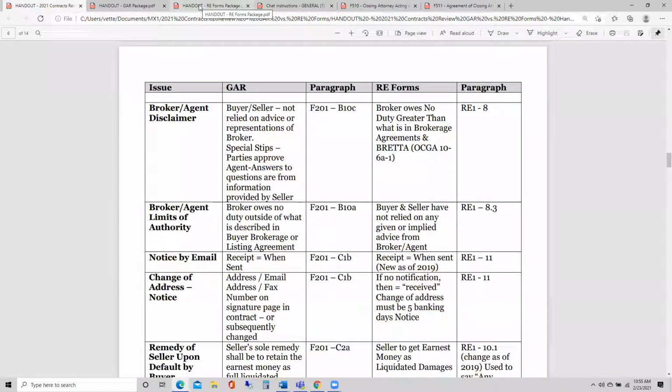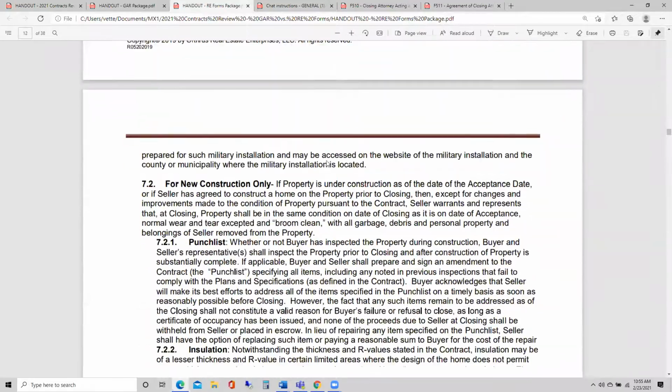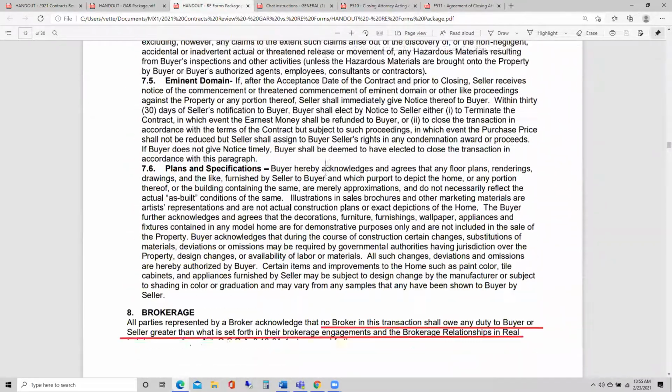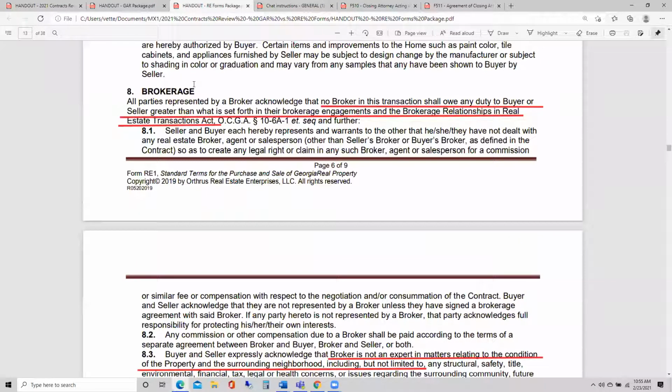In the RE Forms contract package, under the standard terms, it is also spelled out there. I'm back on the RE contract under the standard terms, paragraph 8. Again, it's under the brokerage paragraph. And it does say all parties represented by a broker acknowledge no broker in this transaction shall owe any duty to buyer or seller greater than what is set forth in their brokerage engagement, which is a buyer brokerage agreement or listing agreement, and per Georgia law.